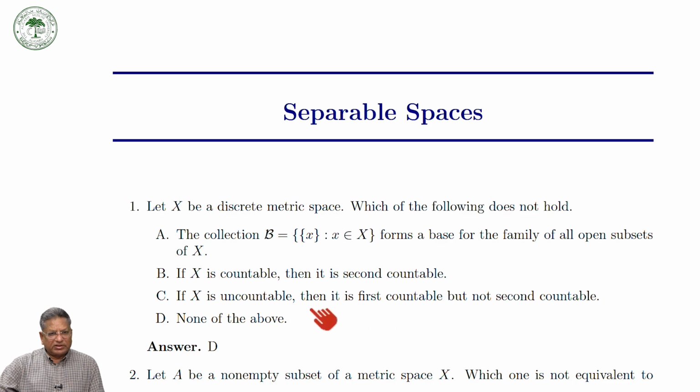So all these three statements hold good, and therefore none of the above is the correct answer. The main thing is that you will have to remember some of the definitions and results which you have already studied in this chapter.